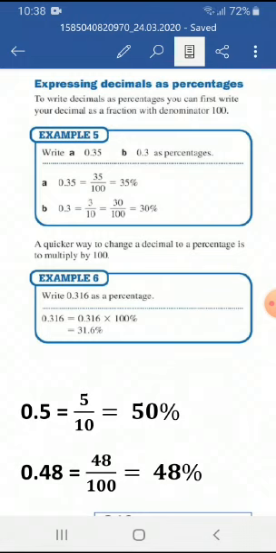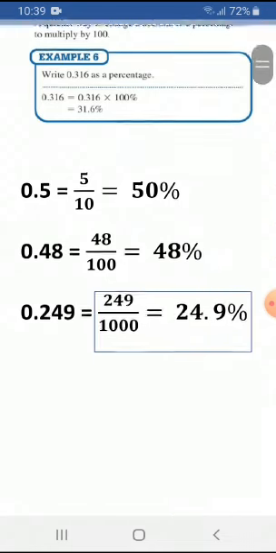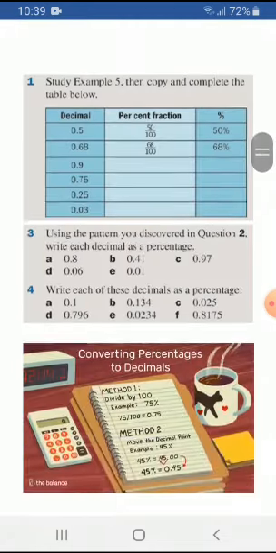You have to multiply 0.316 by 100. So you have to move the decimal point 2 digits to the right. From 0.316, it will be 31.6. And then you just add the percent sign. Below here you have the exercises you have to complete for this part of the lesson.